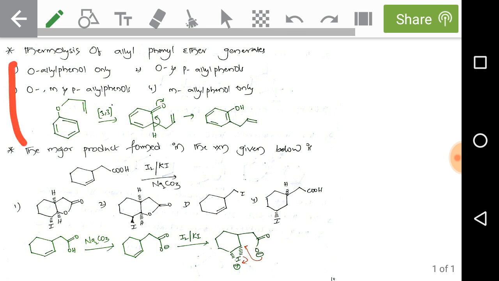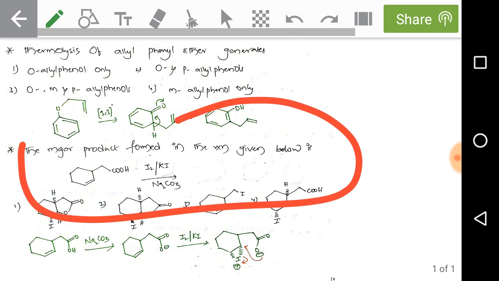Next one, the thermolysis of allyl phenyl ether generates. Here just observe the thermolysis of allyl phenyl ether, and we can get the ortho product only, ortho allyl phenol. So a 3,3 sigmatropic rearrangement is observed here.